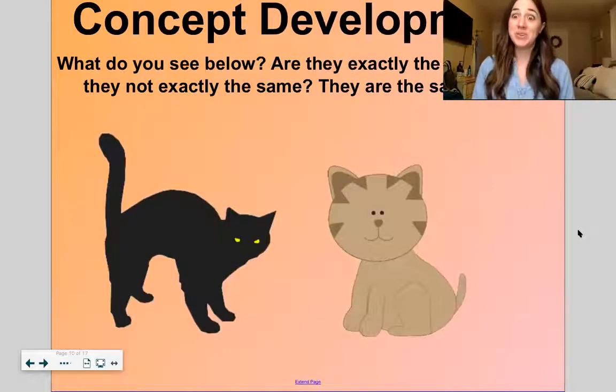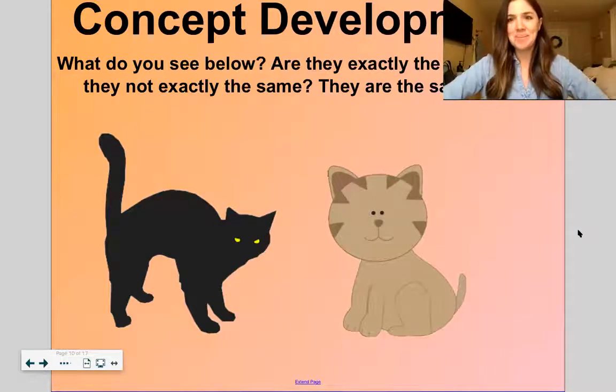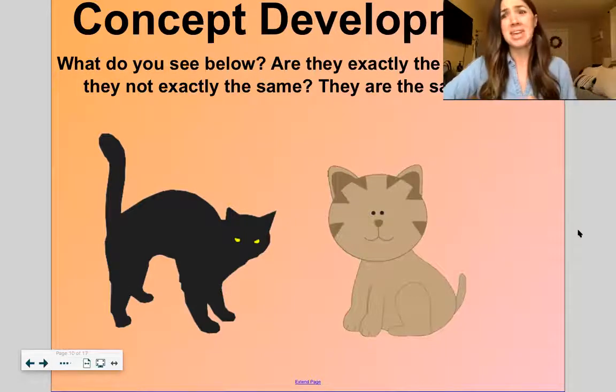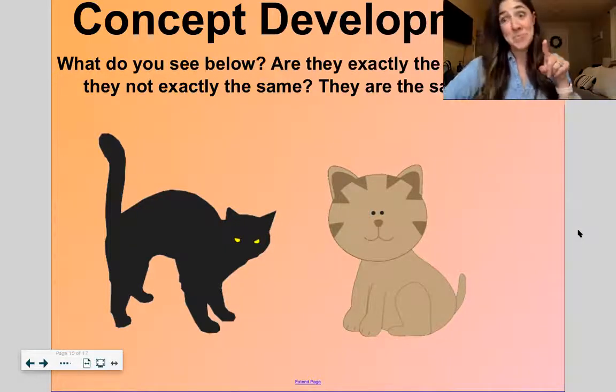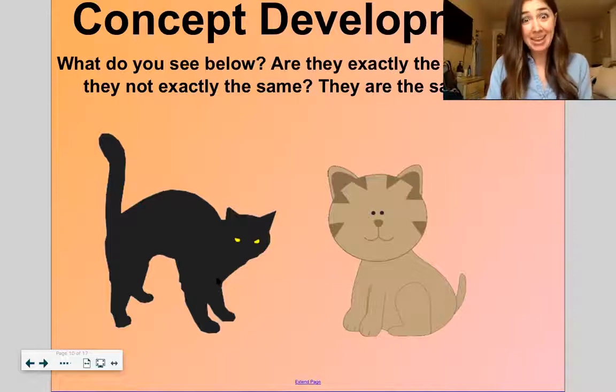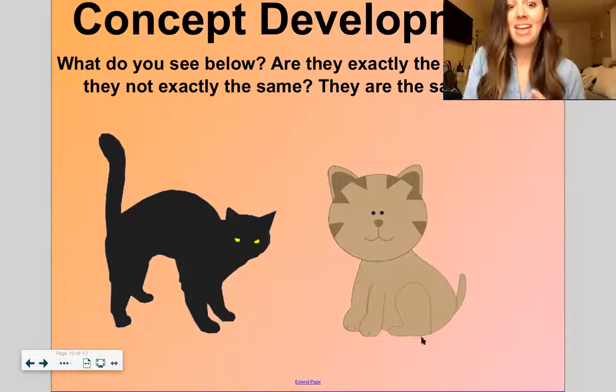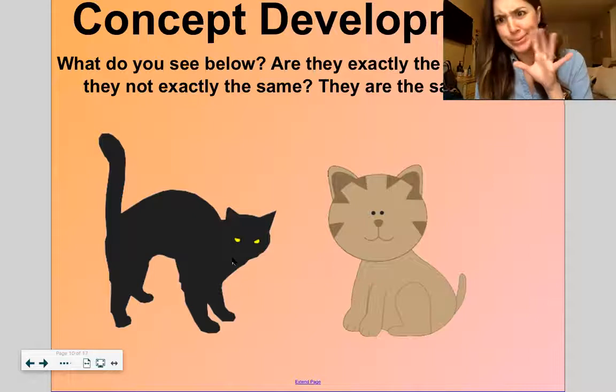Ooh, what do you see below? Cats. Are they exactly the same or not exactly the same? They're not exactly the same. They're the same because they're both cats. But... Yes, one is a black cat with a hunched back. He looks a little spooky.